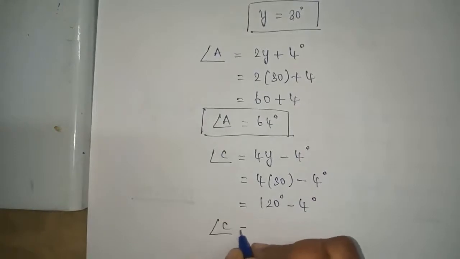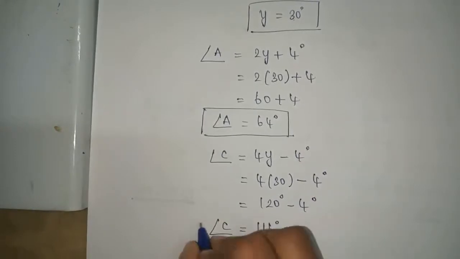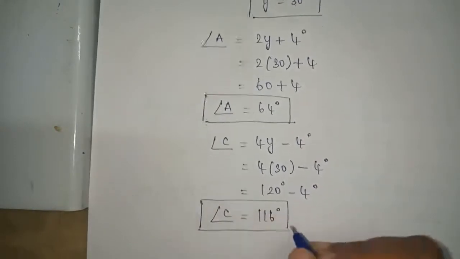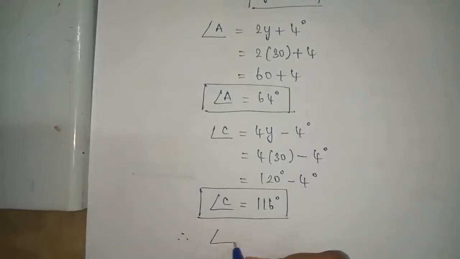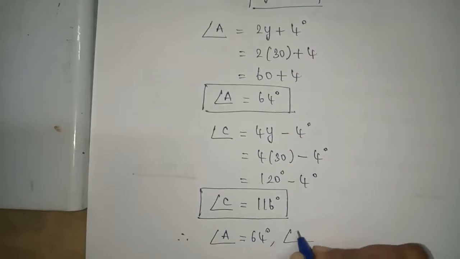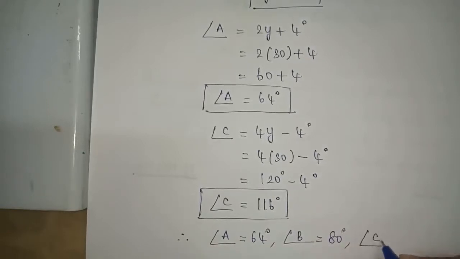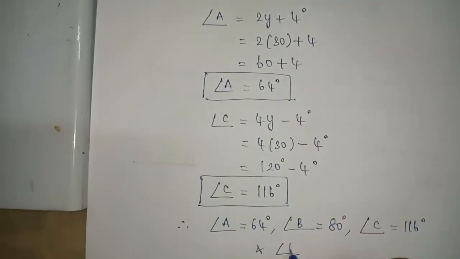Therefore, angle C is equal to 116 degrees. Therefore, we find angle A is 64 degrees, angle B is 80 degrees, angle C is 116 degrees and angle D is equal to 100 degrees.